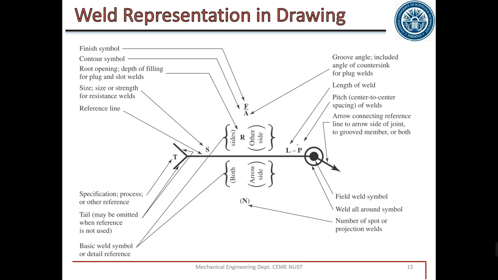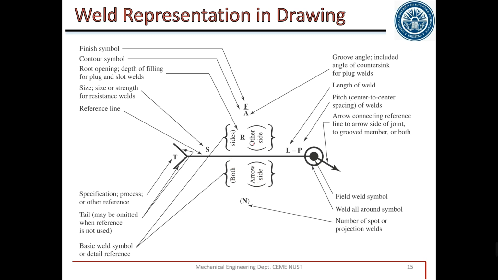This L minus L dash P is the length of the weld, and it is also the pitch of the weld. When we make a small spot weld, this is the length of each spot, and this is the gap between two spots. Then this shows what type of weld we are using, and the arrow side shows the height, and this is on the other side of the arrow.